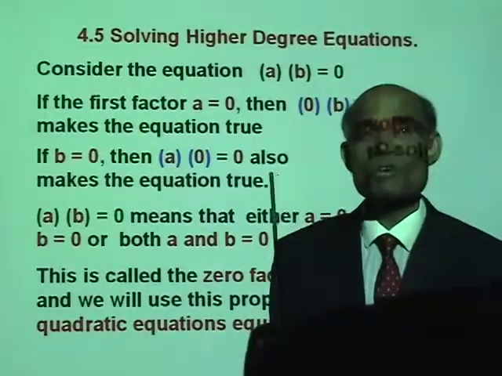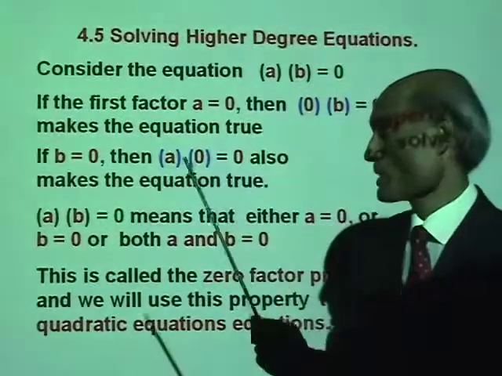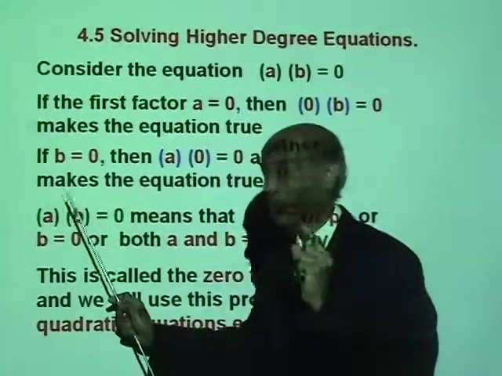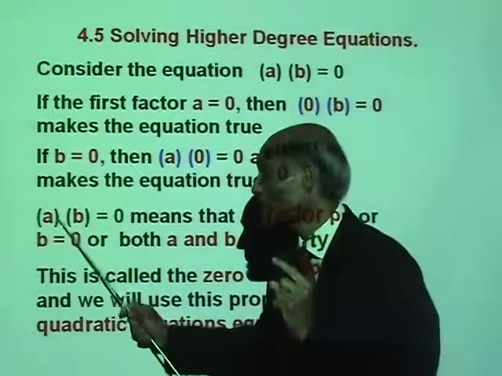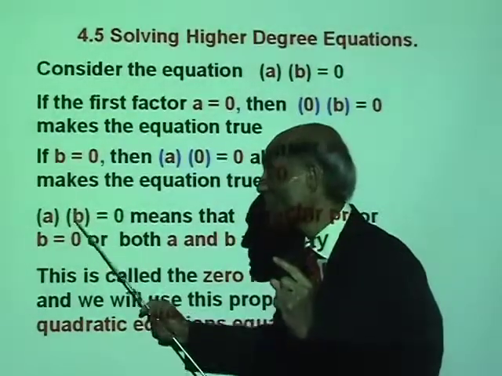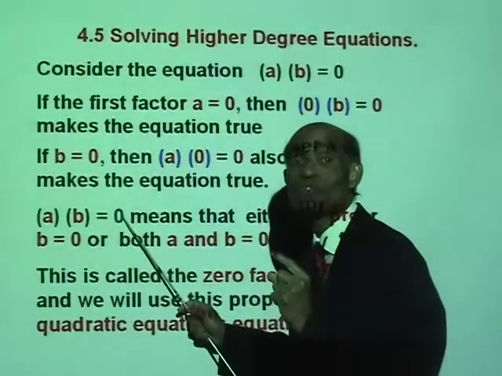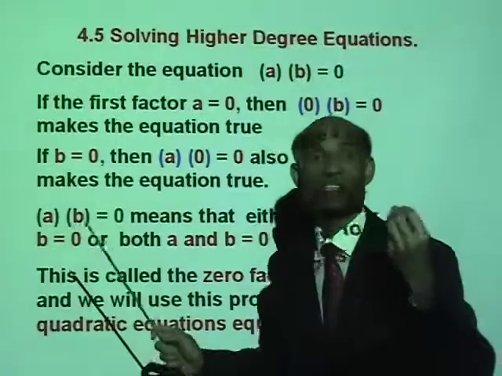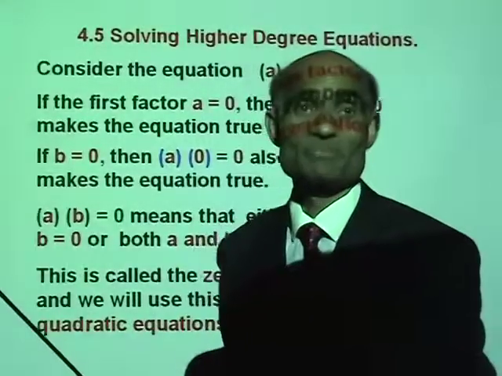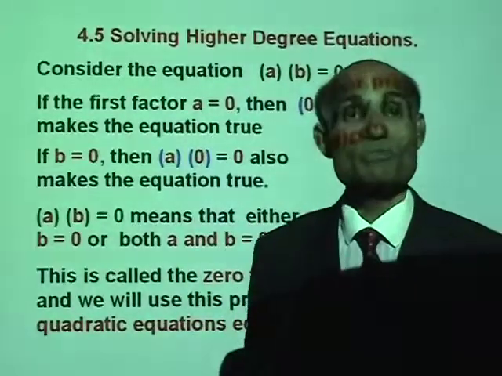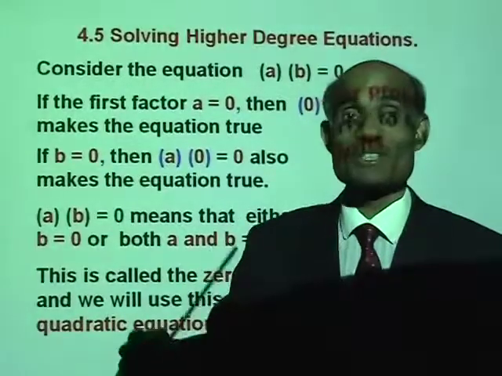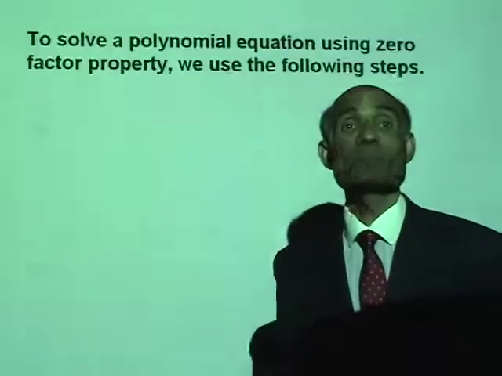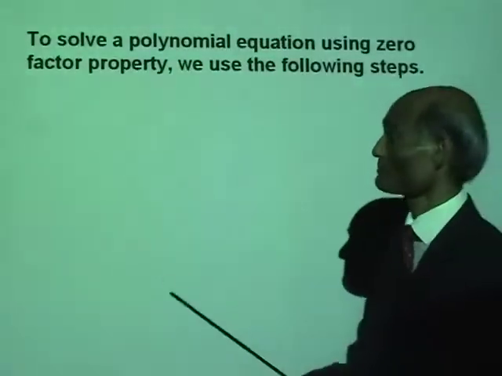Alright, the zero factor property is this. If you are given that one factor multiplied by another factor equal to 0, that means each of these factors can be equal to 0. And that is the zero factor property. We are now going to use it to solve equations that contain higher powers of the variables.